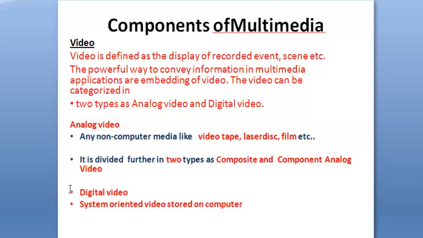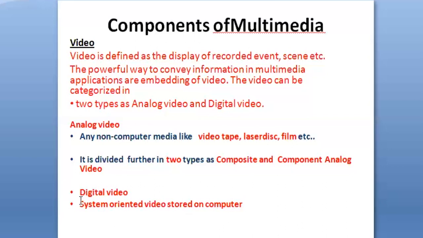What is analog video? Any non-computer media where your video is saved, like a laser disc, film, or videotape, we call analog video. Analog video is divided into two more types: one is called composite and the other is called component analog video. The second type of video is called digital video.